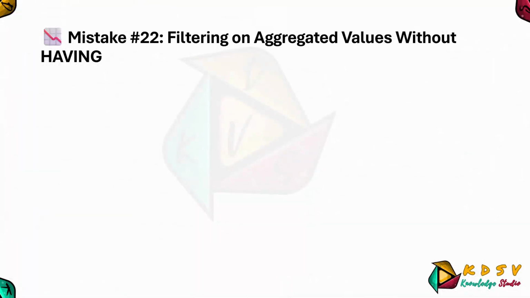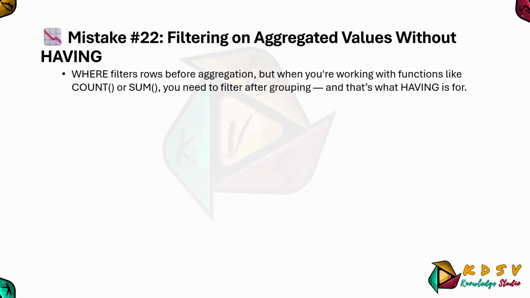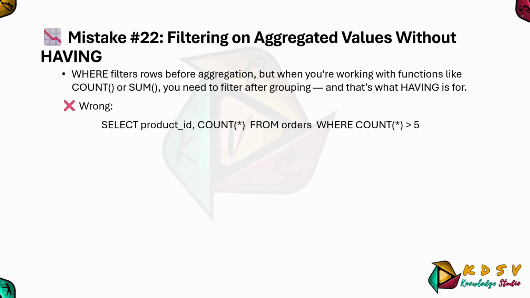Mistake number 22, filtering on aggregated values without having. Where filters rows before aggregation, but when you are working with functions like count or sum, you need to filter after grouping, and that's what having is for. Select product ID, count star from orders where count star is greater than 5. This is actually wrong. This won't even run.